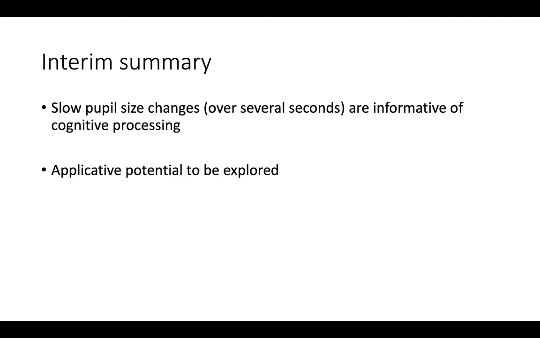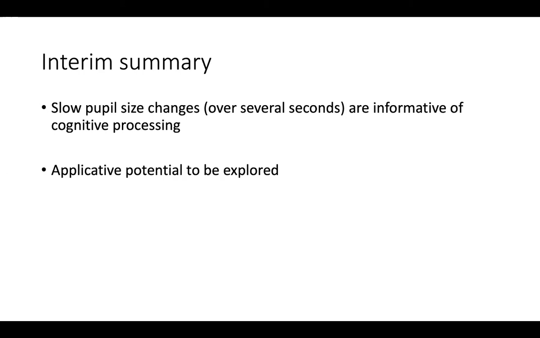For example, in the mind wandering experiment, we've done relatively simple analysis where, knowing the kind of cognitive processes that the participants reported being engaged with, we've looked at differences in pupil diameter.